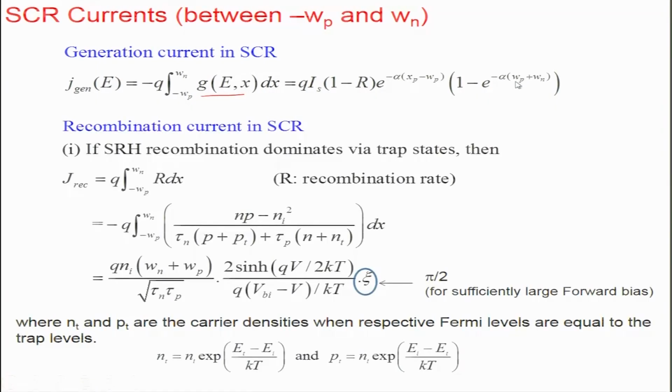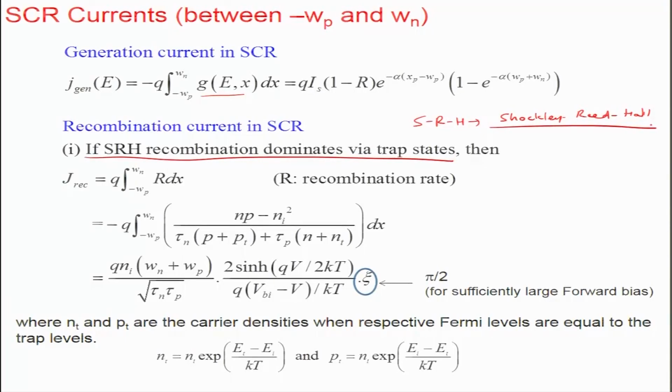Now you look at the recombination current. We assume that Shockley-Read-Hall trap assisted recombination dominates, via trap states. SRH means Shockley-Read-Hall. This is basically for trap assisted recombination.